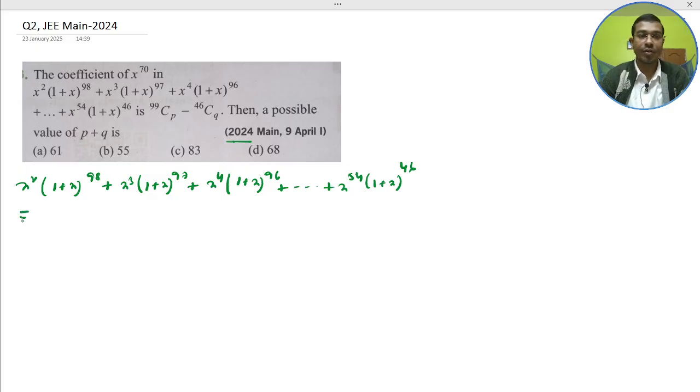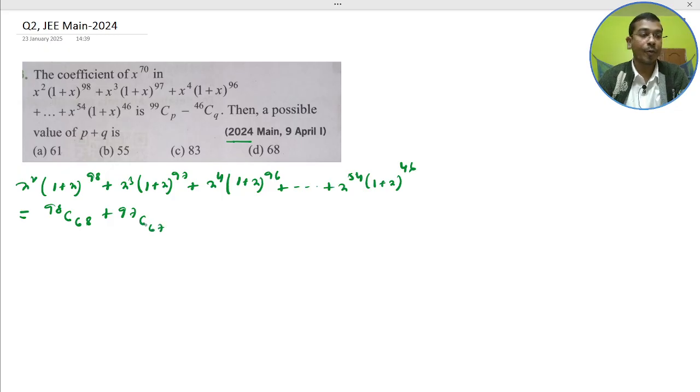So this is equal to what? Taking x into (1 + x) in binomial form, that would be 98C68, 97C63.